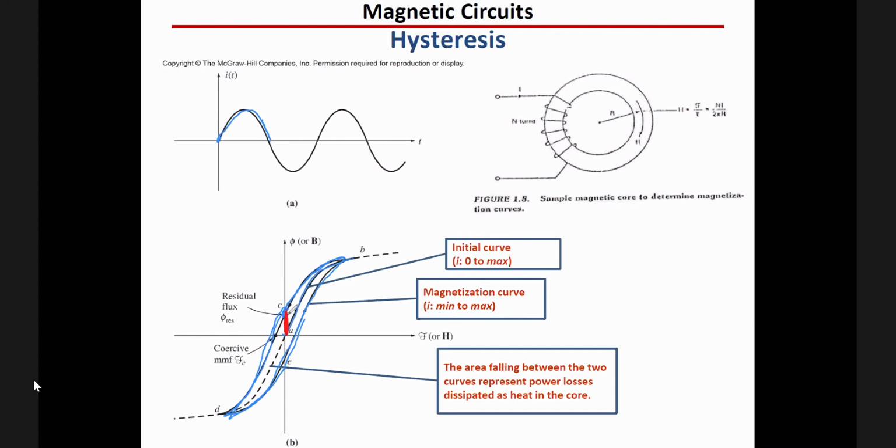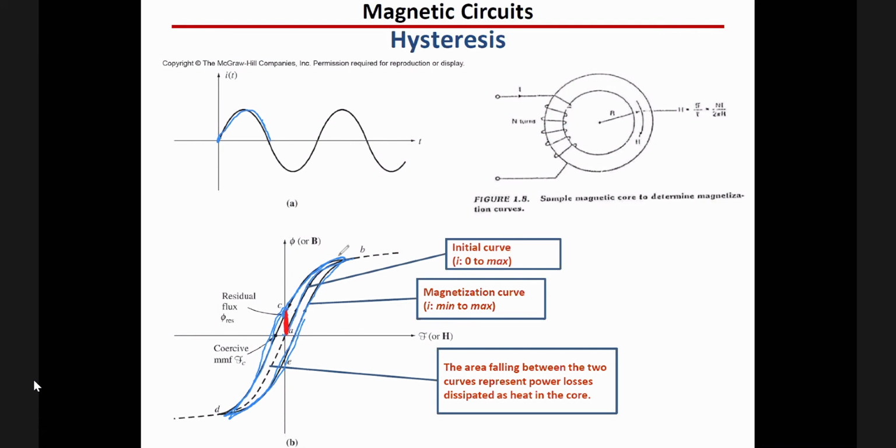There is still some residual inside the magnetic core. So this is a magnetic flux that is stored inside the magnetic core. And it is considered to be losses because you lose part of the input because of this phenomenon.